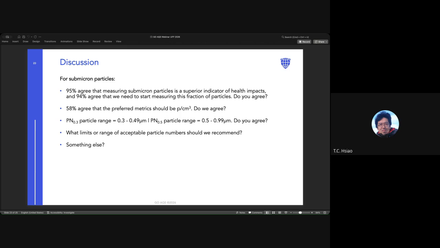Right now the problem is what the lower end is, not just the upper end, because it will dramatically influence the limit of the range of acceptable particle numbers. Going lower, like 5 nanometer or 3 nanometer, changes the number a lot. Particles less than 10 nanometer could contribute more than thousands, even more, to the particle number per cubic meter. I expect even more, 10,000 could be possible sometimes.